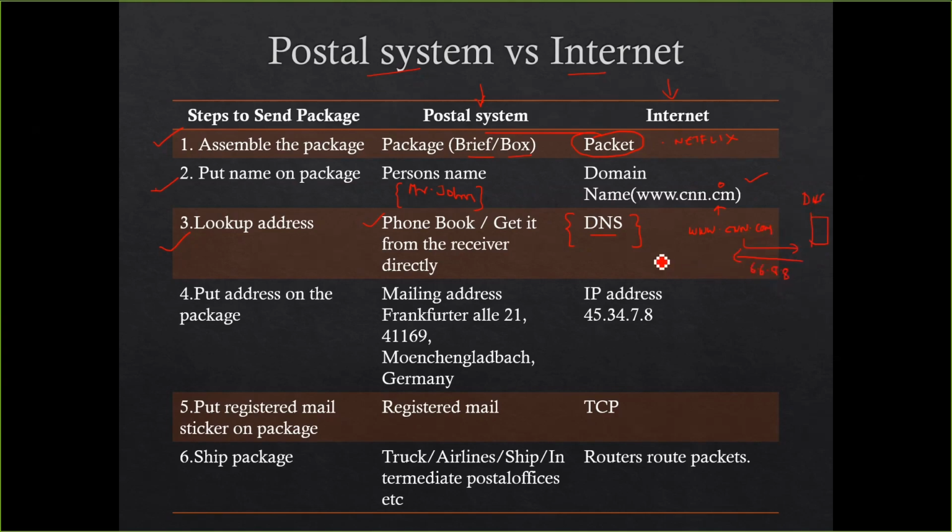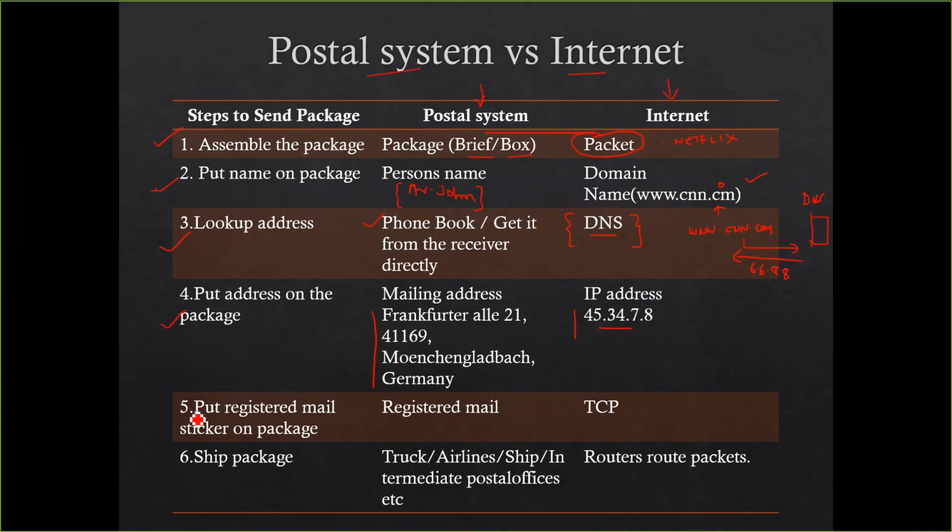So that's the work that DNS is doing. Once you have the address, then you put the address on the package. A postal address looks like this, but in the networking world, it looks like this. You put an IP address on the packet you have generated before.